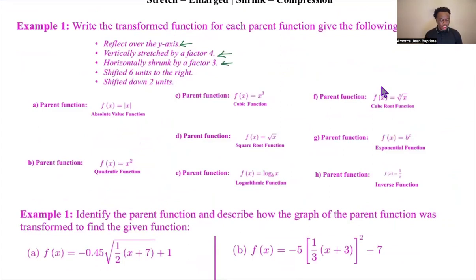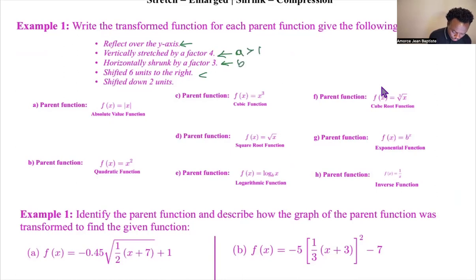You have a horizontal shrink. A horizontal shrink means 3 is greater than 1, because if it was a stretch, you would have a number that is less than 1. Shifted 6 units to the right. So let me say here that's A, greater than 1, it's a stretch.